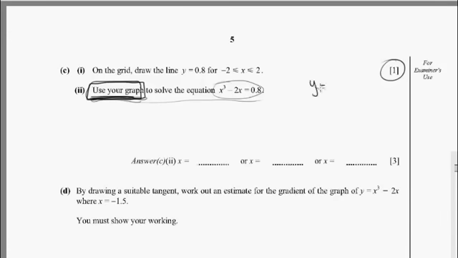So if our original function was y is equal to x cubed minus 2x, this is the function we're given. Now notice something. This is x cubed minus 2x is equal to 0.8. So this is like saying x cubed minus 2x is equal to y. Therefore, y is equal to 0.8. So then what are they asking? They're saying find all the x values where y is equal to 0.8.